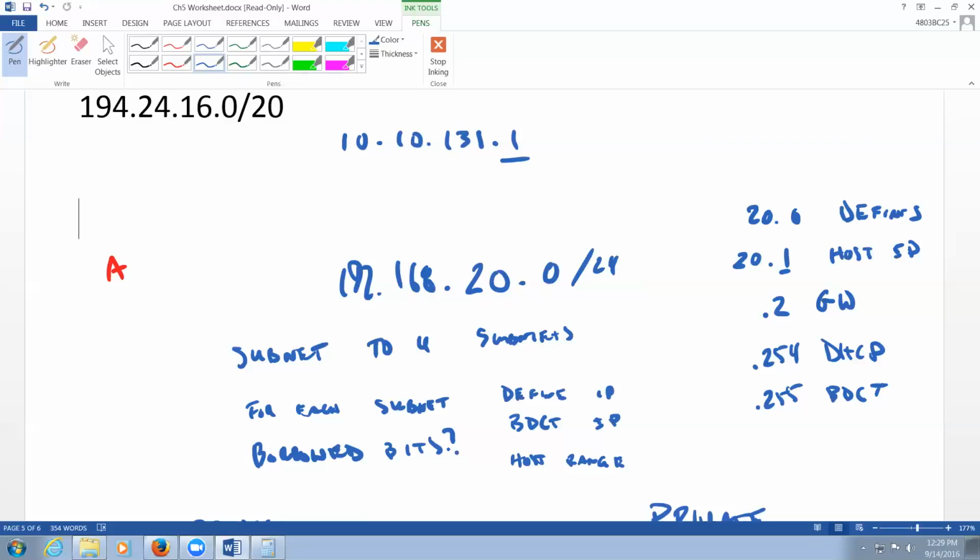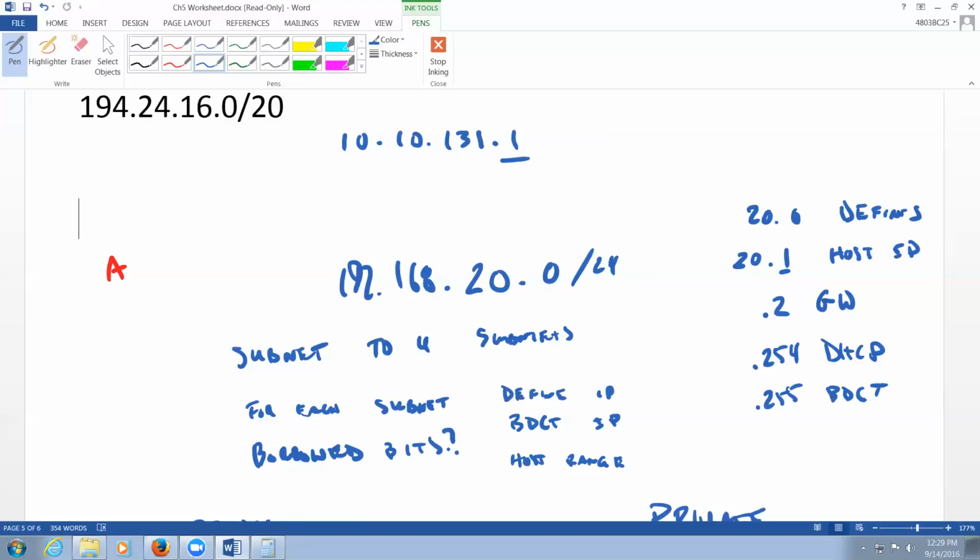So we need to say your prefix is 20. So what it means, like 24, right? So the first octet is 8, plus the second octet is 16. The third octet is 4, because we have value.